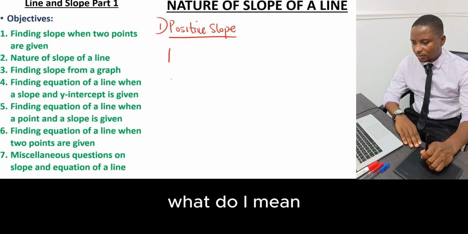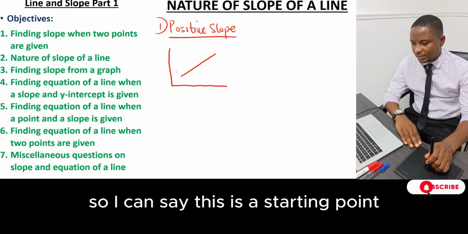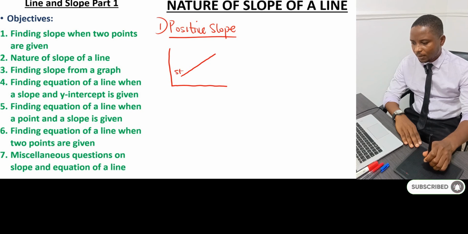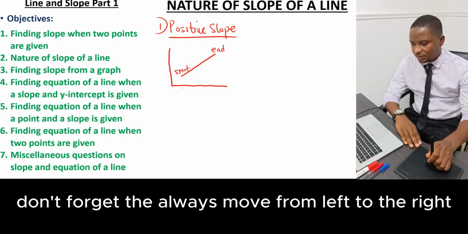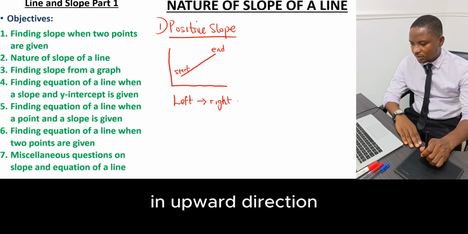What do I mean? It runs from the left to the right upward, just this way. So I can say this is the starting and this is the end part of it. Don't forget, they always move from left to the right in upward direction.